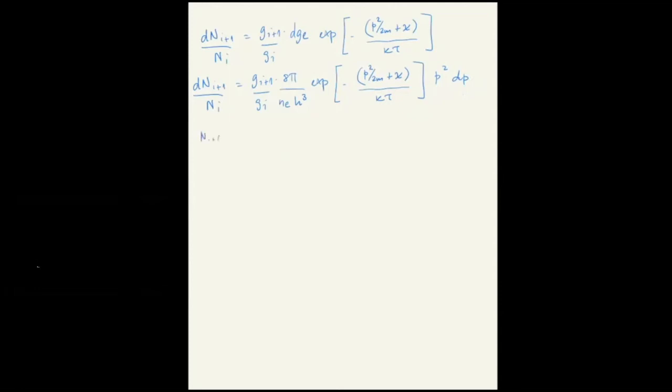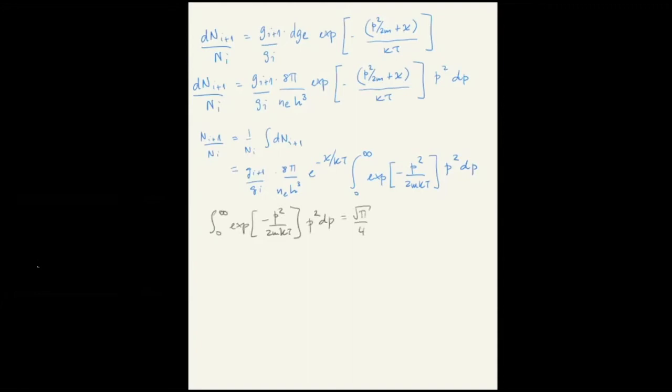That means Ni plus 1 over Ni is equal to the integral of the number of states in the ionized states, which is going to give us Gi plus 1 over Gi times 8 pi times the electron number density over the cubed Planck constant times now the exponential of the ionization potential over kT, and now the integral of all of the possible momenta. So this is a definite integral. Turns out that this gives you square root of pi over 4 times 2m kT to the power of 3/2.